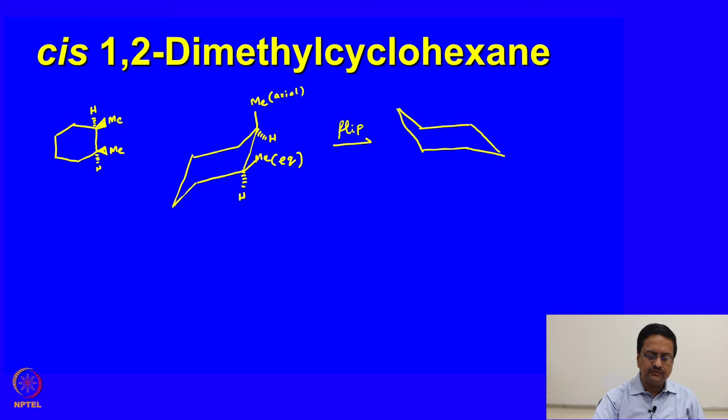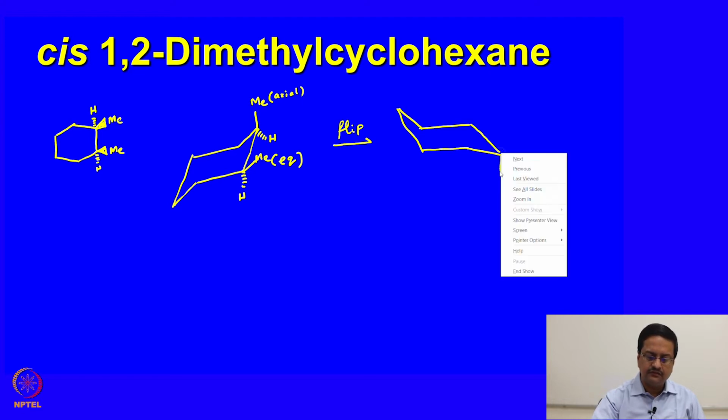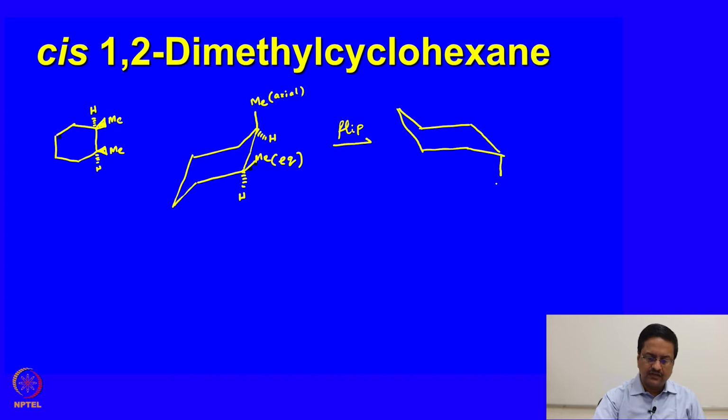So this methyl group, which is up here, should come down. The hydrogen associated should be up. The methyl there should be down, and the hydrogen there should be up.